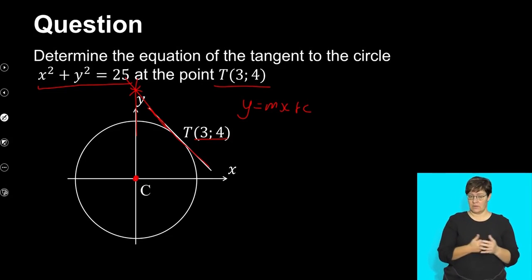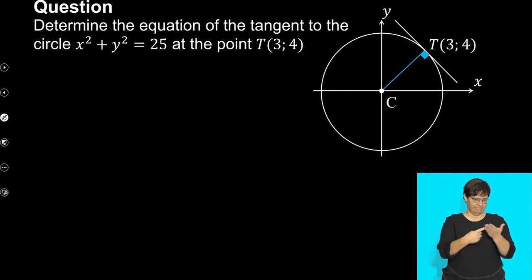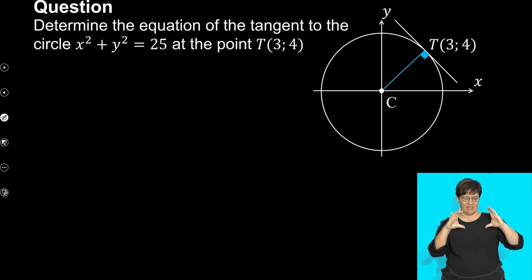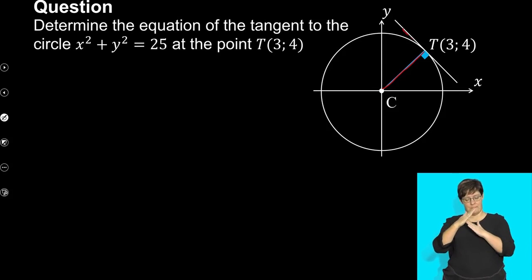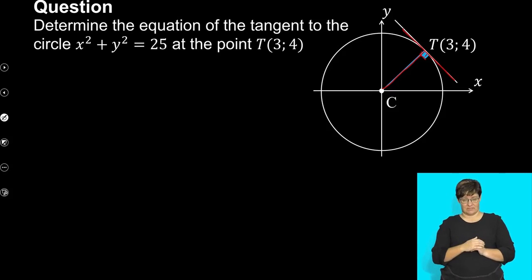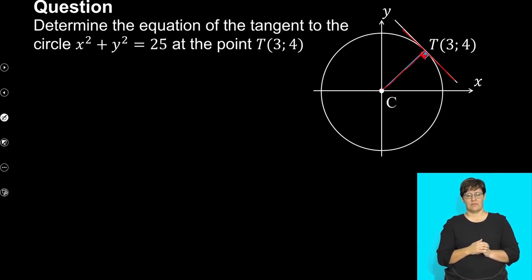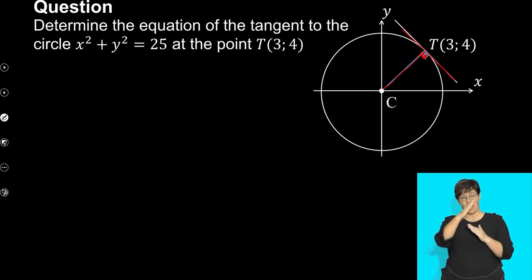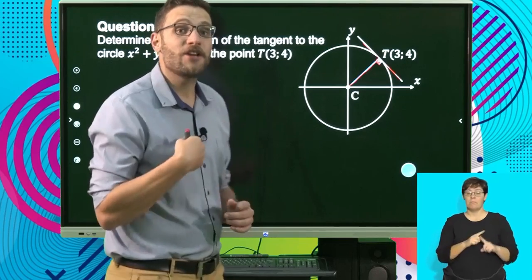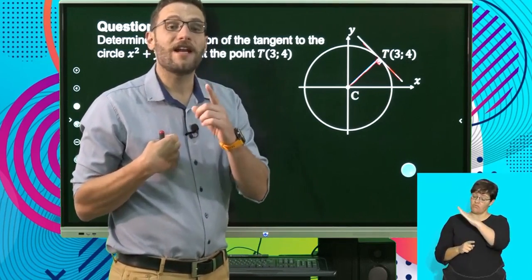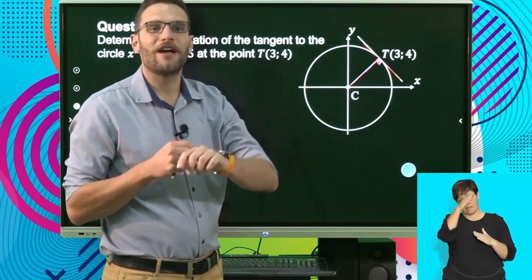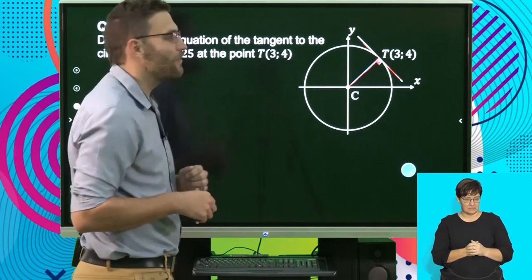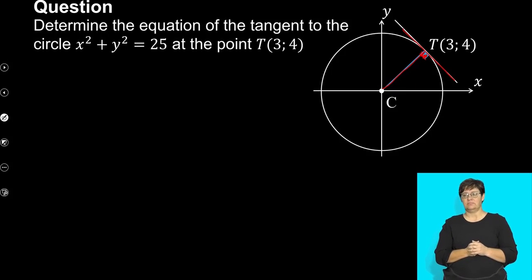We're going to use what we just discussed about circles, tangents and radii: a radius is perpendicular to a tangent. I can't work out the gradient of the tangent to start with, but I can calculate the gradient of the radius. If I have the gradient of the radius, then I can calculate the gradient of the tangent. So let's do that.